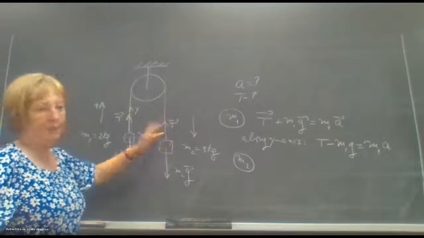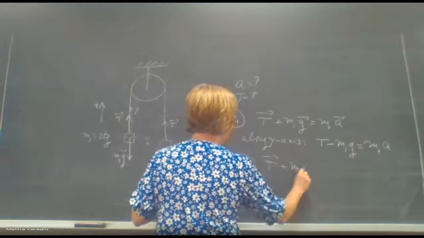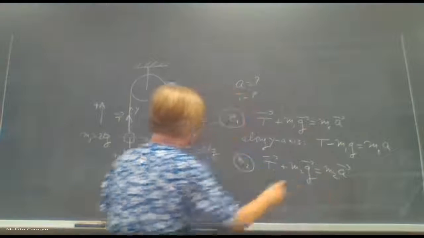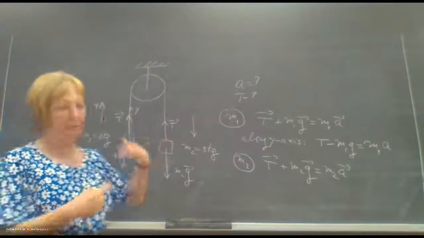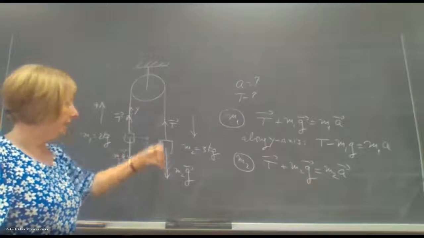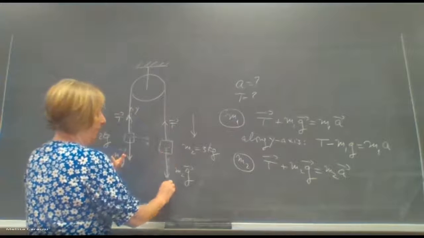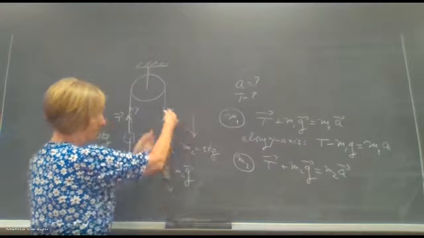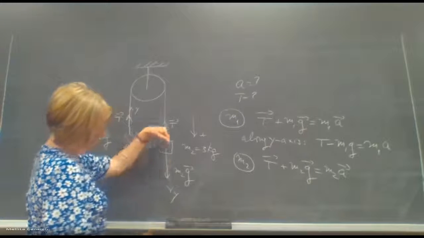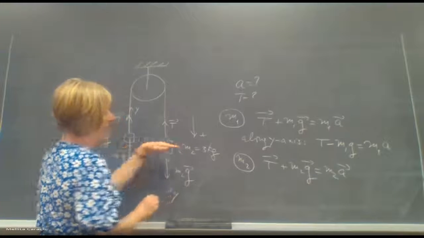Again, sum of all forces, and sum of all forces again are only two of them. Tension plus M2G equals, and now we pay attention to write M2 times acceleration. And again, you have to associate axes of coordinates. But here, since this moves down, the positive y is considered to be down, and of course, x again is perpendicular.